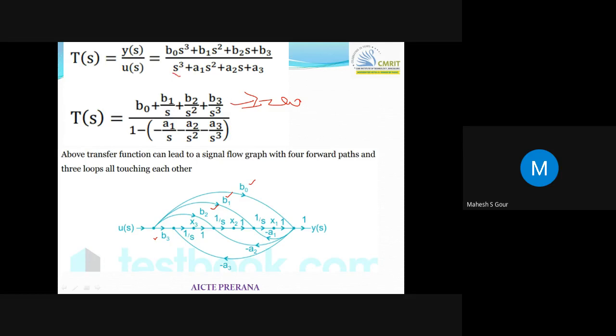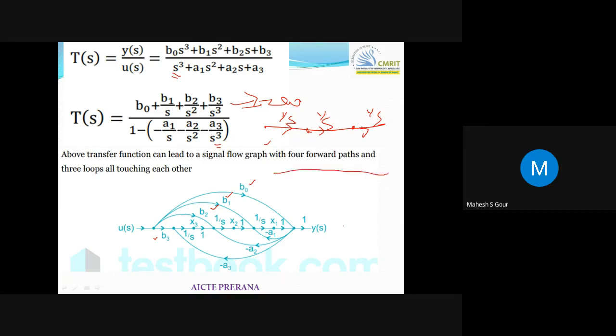Or if you want to write in terms of s, there is another way. Here I am writing in terms of 1 by s. So what I did, I have directly taken the maximum term, 1 by s cube. So I have multiplied with 1 by s, 1 by s and 1 by s, and I'll take in-between points so that I can take 1 by s, 1 by s square and 1 by s cube separately. Suppose it is s cube directly, not 1 by s.